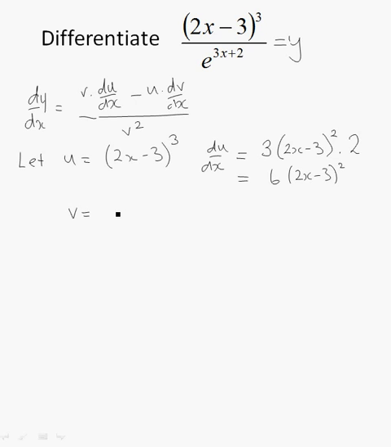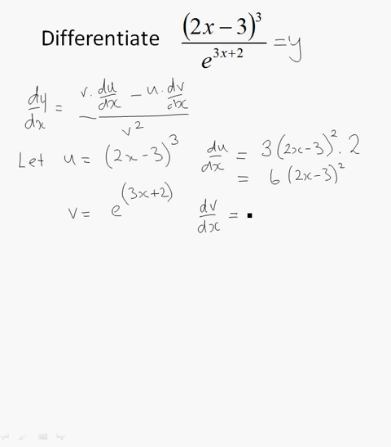And v is e to the 3x plus 2. Again, we've got a function of a function, and just to make things a little bit easier, I'm going to put a little bracket around 3x plus 2. So what we'll find is the exponential of that bracket there.